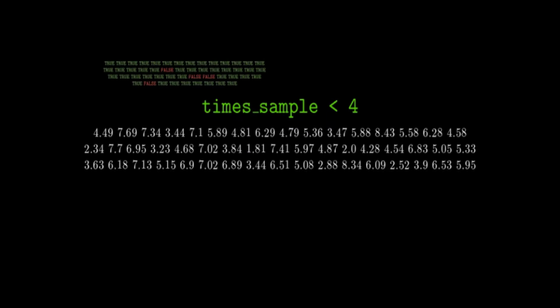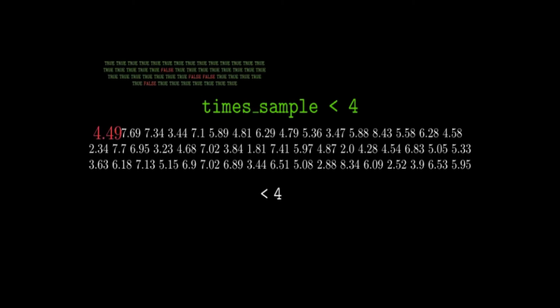Then the same will happen for times_sample members. Each member will be compared with the number 4, that stands for 4 seconds, and the result will again be a logical vector.